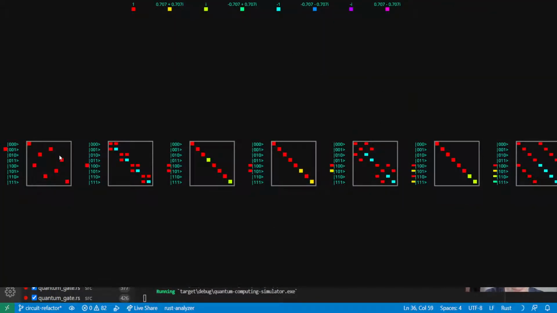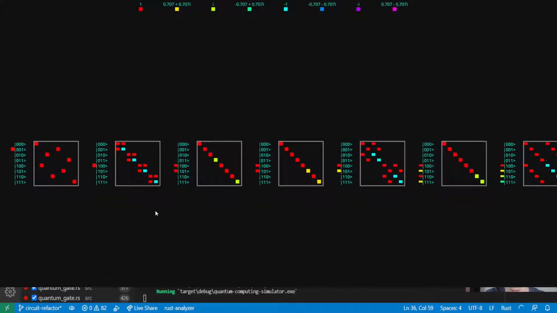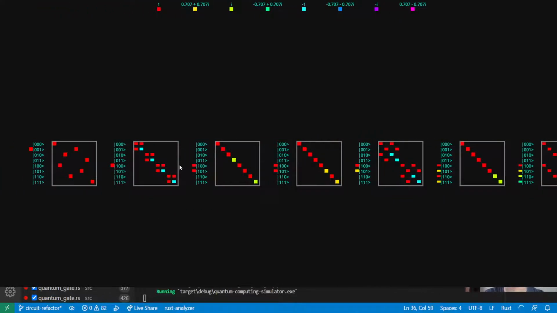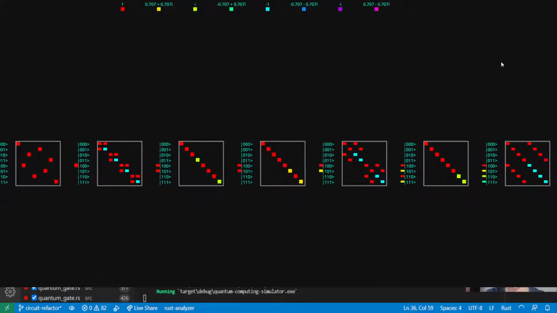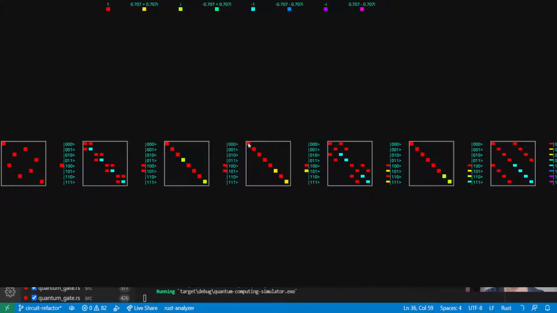Okay, so permutation first, then Hadamard, rotation, rotation, Hadamard, rotation, Hadamard, and we're done. Okay, so for the inverse, we expect Hadamard, rotation, Hadamard, rotation, rotation, Hadamard, and then we're done.